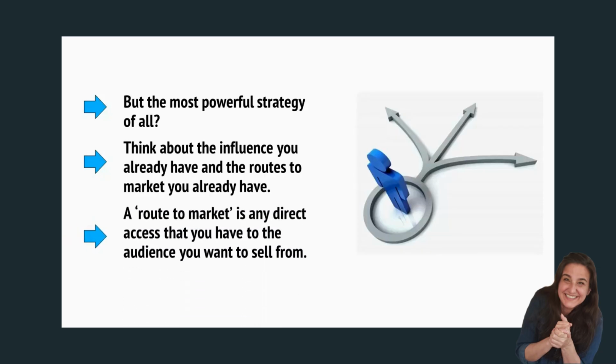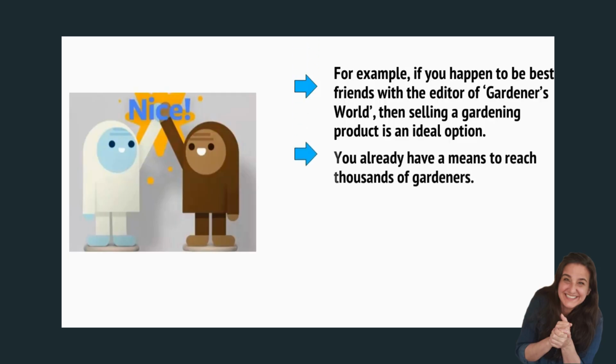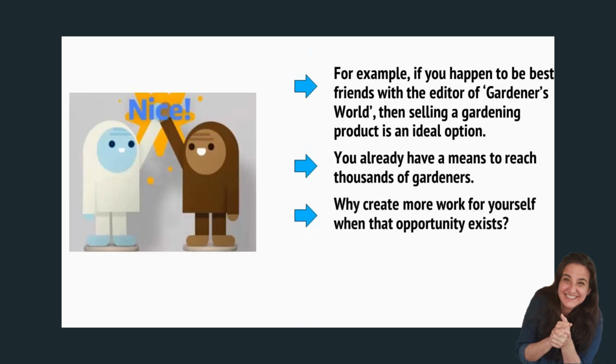A route to market is any direct access that you have to the audience you want to sell from. For example, if you happen to be best friends with the editor of Gardener's World, then selling a gardening product is an ideal option. You already have a means to reach thousands of gardeners. Why create more work for yourself when that opportunity exists?